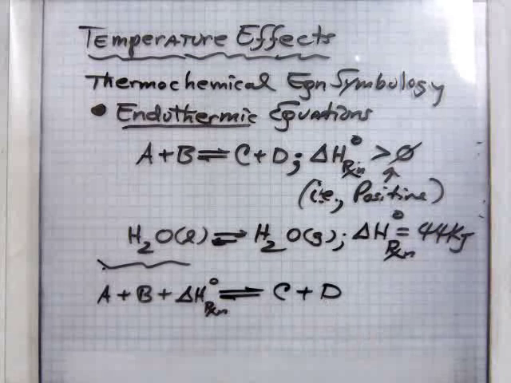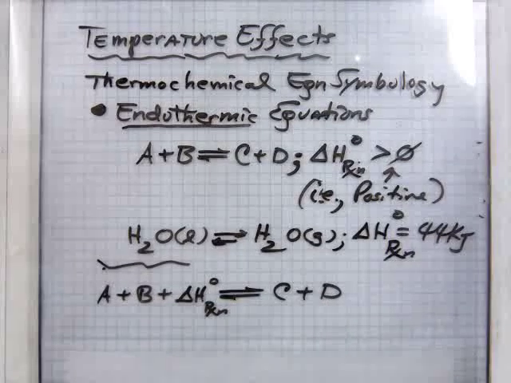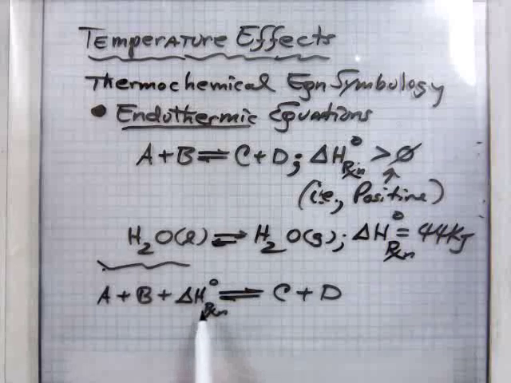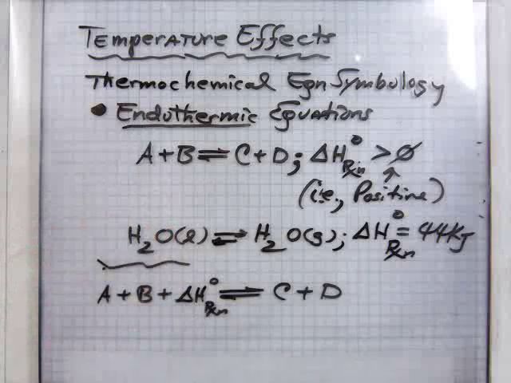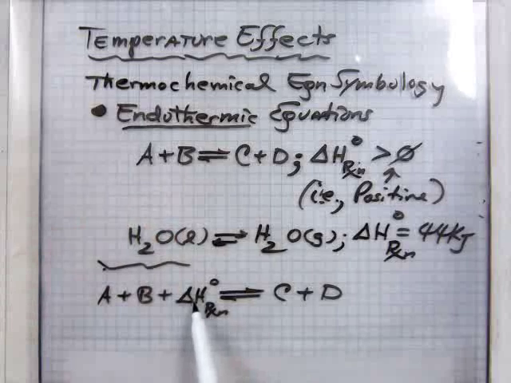Okay? You never put negative symbology in a chemical equation. You use plus whatever symbology you're putting into the equation. But to indicate this to be an endothermic reaction, you have to put it on the reactant side like this.